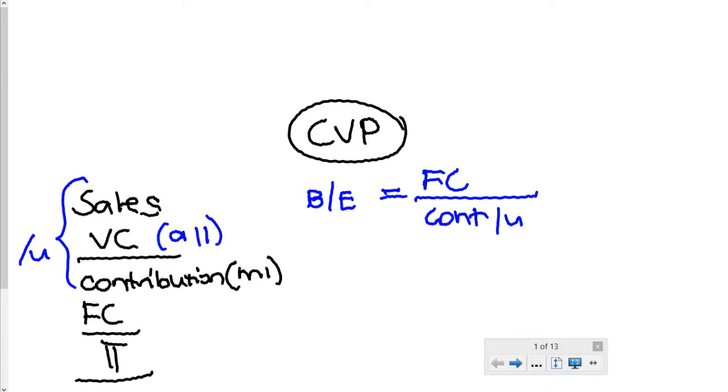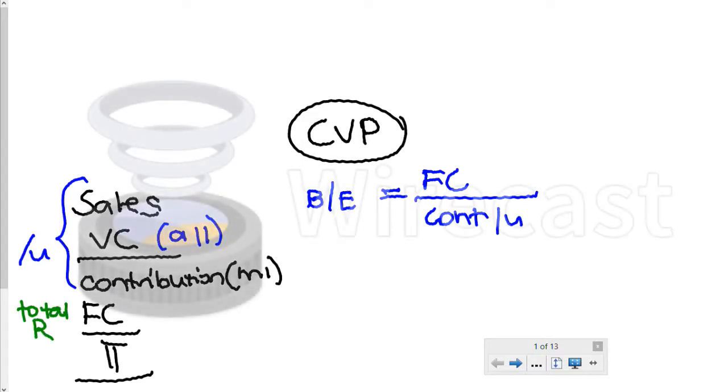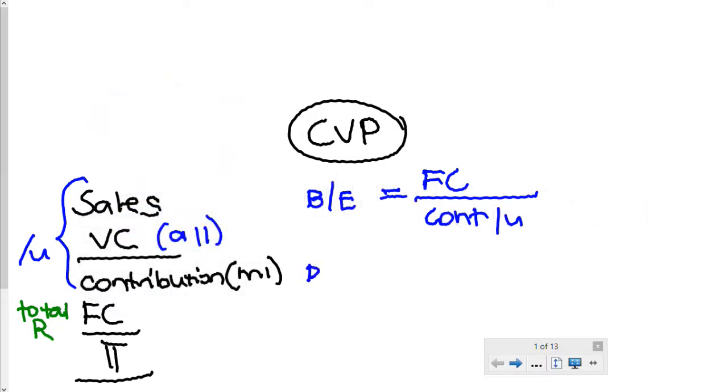This is all variable costs, production and non-production costs. And then at the bottom we have fixed costs, and fixed costs are total rands, because fixed costs don't change with volume, and we look at them as a total rand amount.